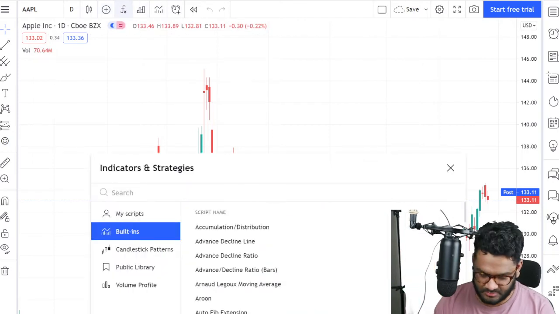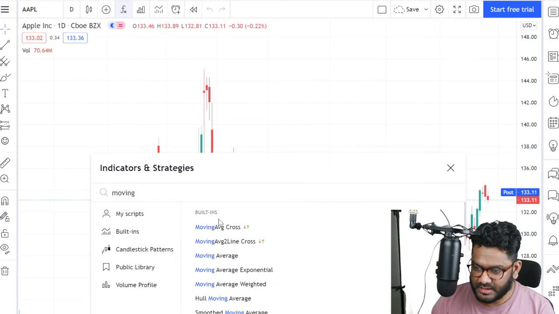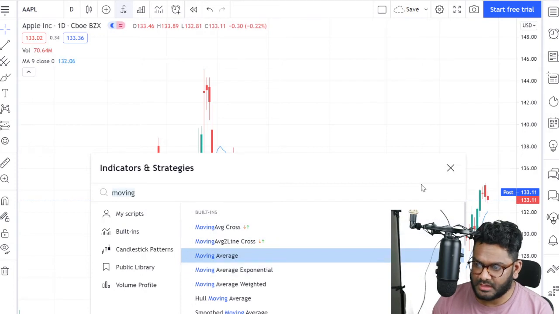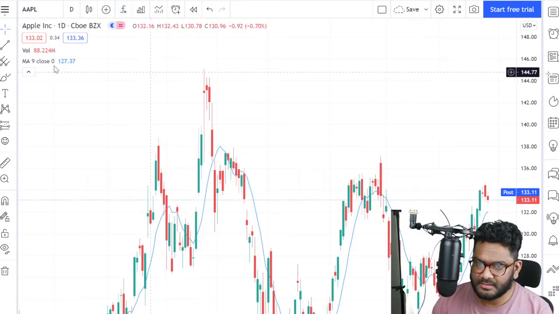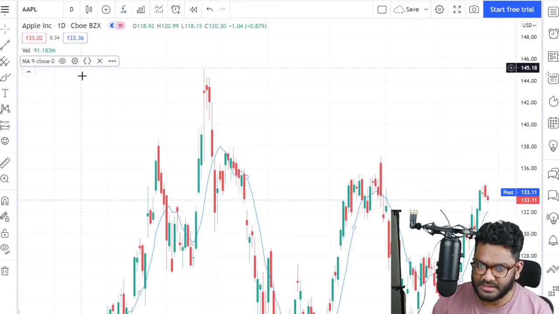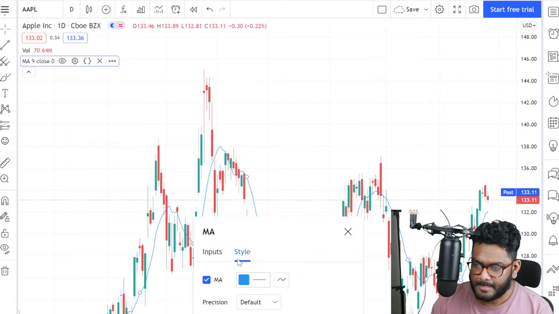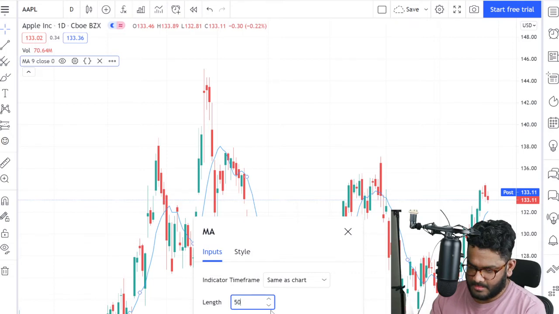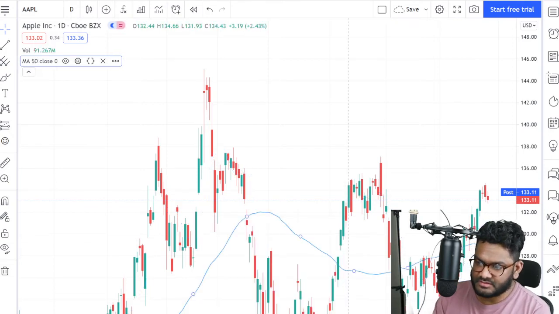Give me a second, I just want to add this moving average once again. I want to add only one, I don't need two, so click this one. I'm going to input 50 days here, so I'm making this 50 days moving average.